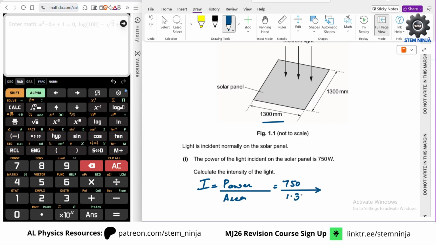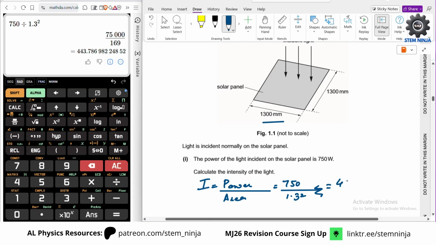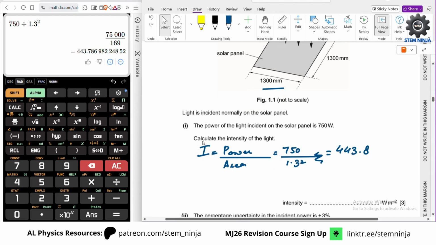So power over area, 750 divided by 1.3 whole squared, you get 443.8. So we can round it to 440.